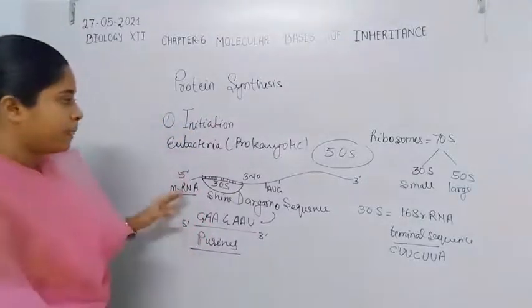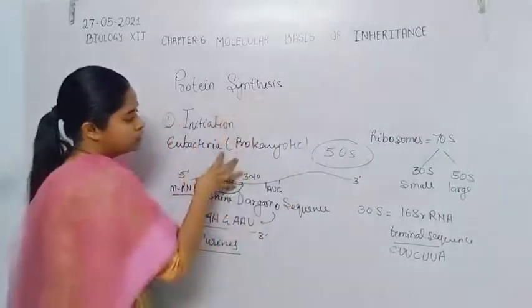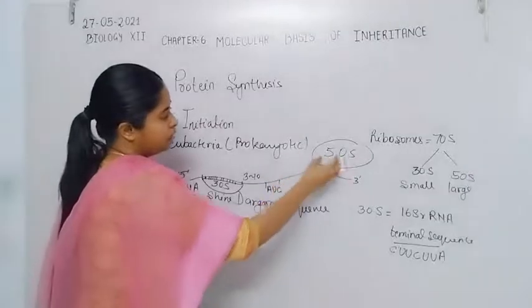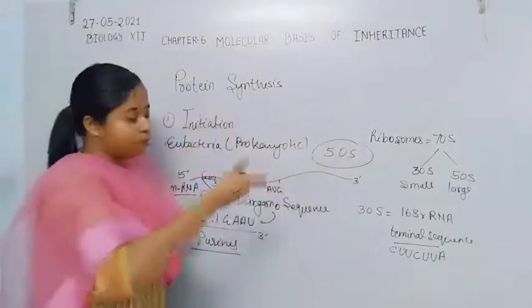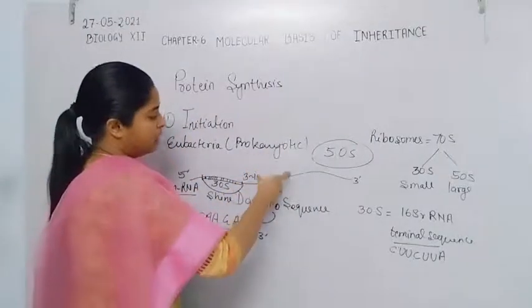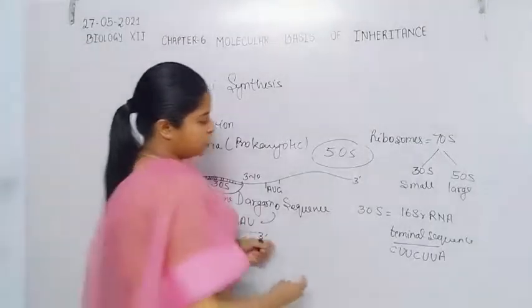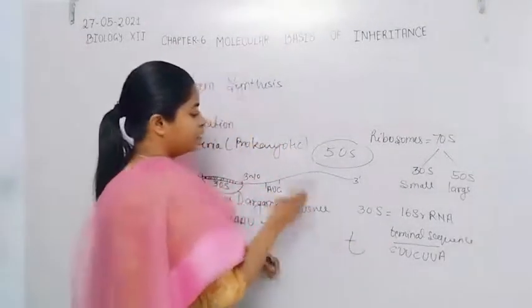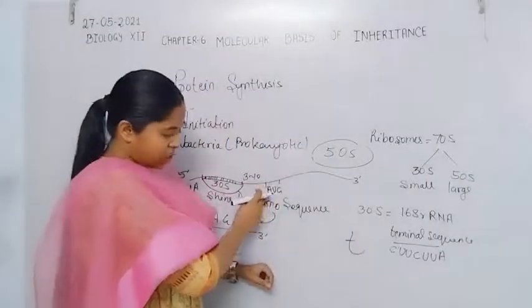Now when the large subunit binds with the small subunit, finally the codon is read by the tRNA with methionine, because the tRNA has the anticodon complementary to AUG, so only that tRNA binds to the AUG.